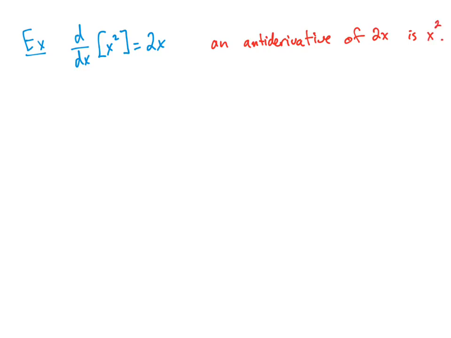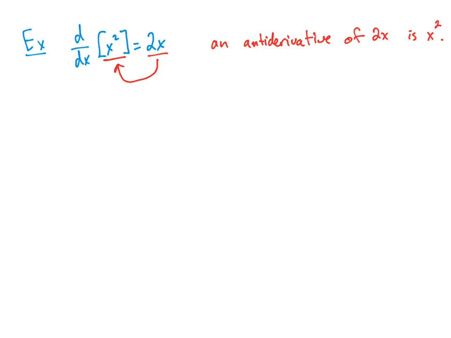Before, we'd go from x squared, we'd take the derivative using the power rule, and that would give us 2x. So if we go the other way, if we start with 2x, we'd say an antiderivative of 2x is x squared.